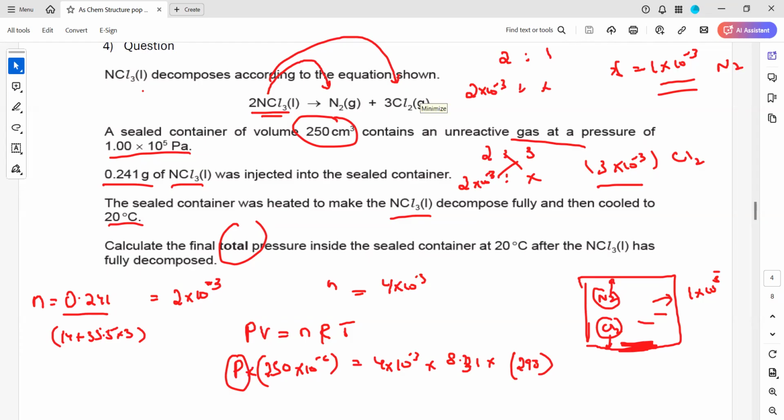And then the total pressure will be the pressure of the nitrogen and chlorine plus the original pressure. We'll get the combined pressure which is experienced by this container. Is it clear, this question?